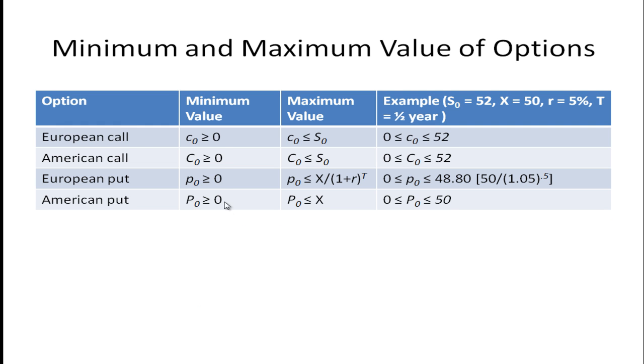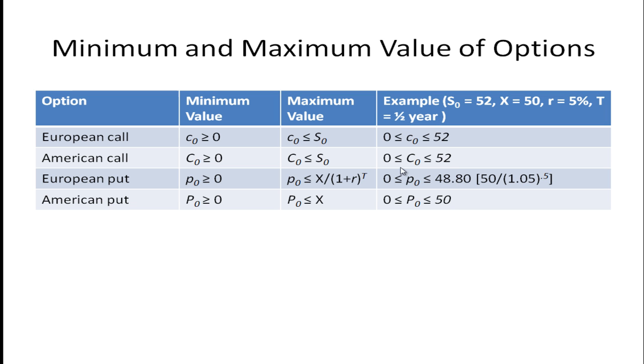So here's a table that summarizes these conditions, and also some numbers here so we can see what it looks like. For the European call, the price has to lie between 0 and $52 because the stock price is 52, the exercise price is 50, the risk-free rate is 5%, and the option expires in half a year.